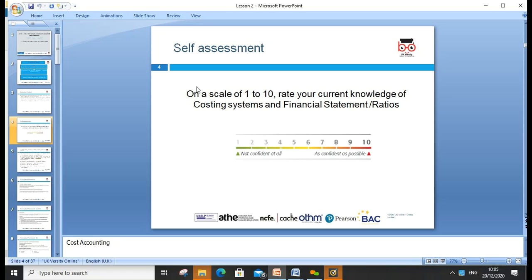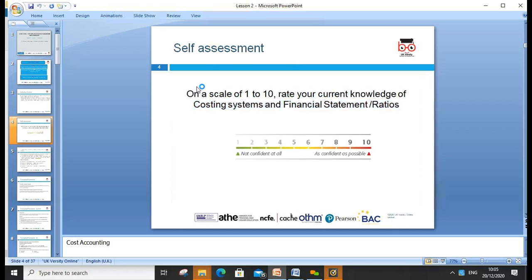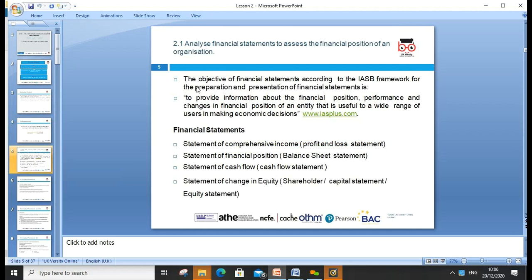What do you think? Where are you up to? You're 6, 7, 8, 5. Always good to reflect, yes? Right. So, have you learned before about financial ratios or how many types of statements we prepare in accounts? If not, that's fine. If maybe you're on 4, you're a 3, you have generic knowledge, yes.